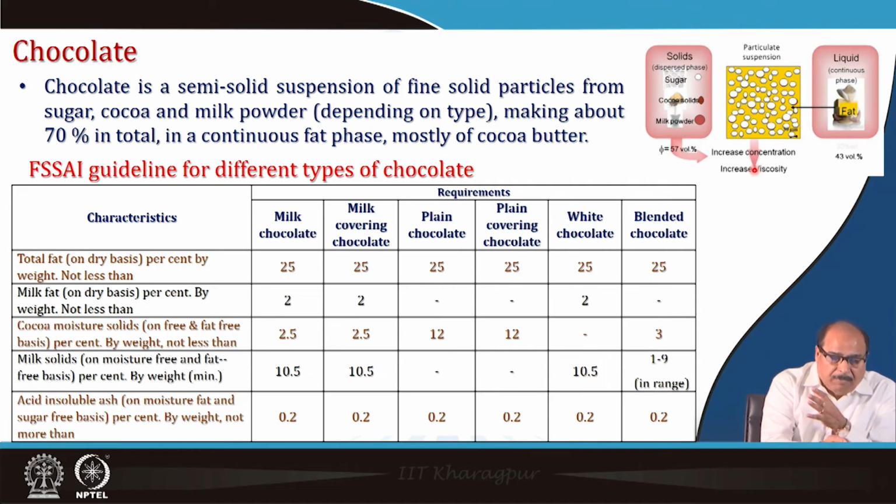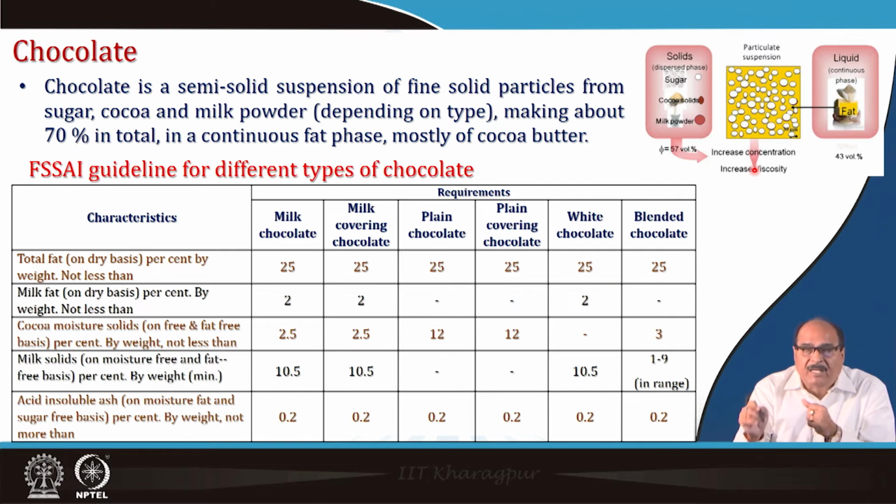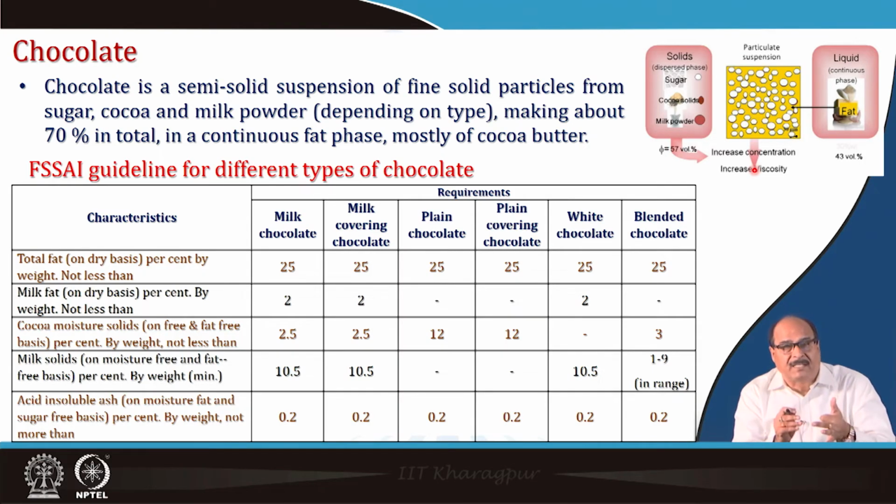The FSSAI guidelines give standards for different types of chocolate like milk chocolate, milk covering chocolate, plain covering chocolate, white chocolate, blending chocolate, depending upon the amount of total fat percent by weight or milk fat content or acid insoluble ash or milk solids.